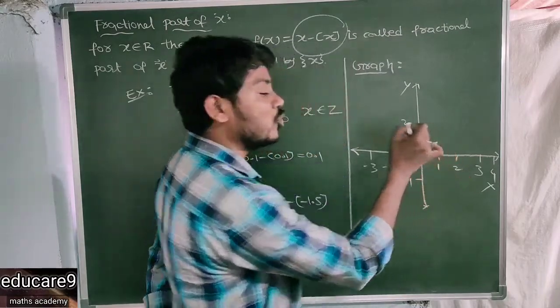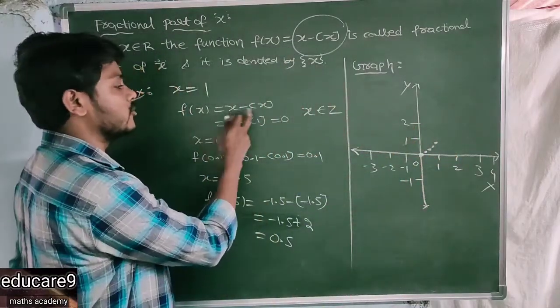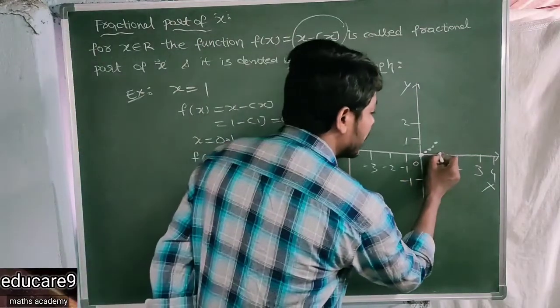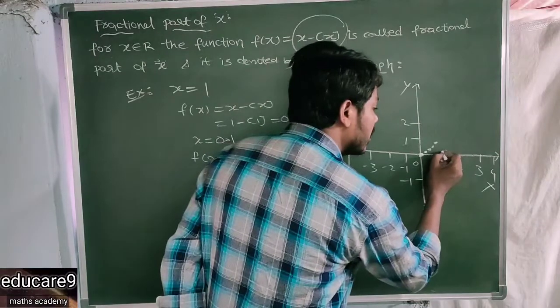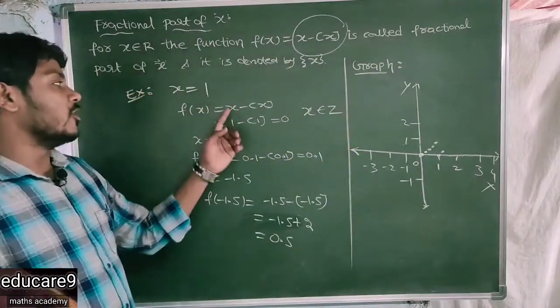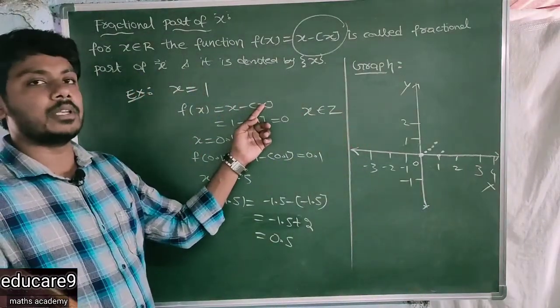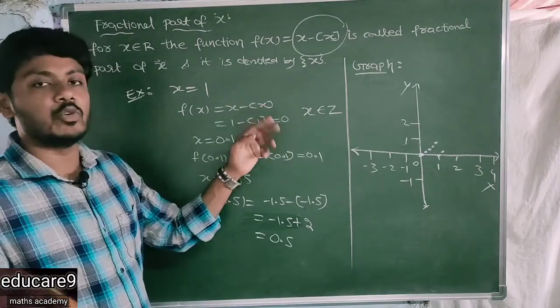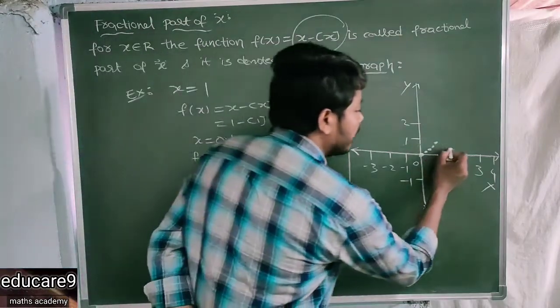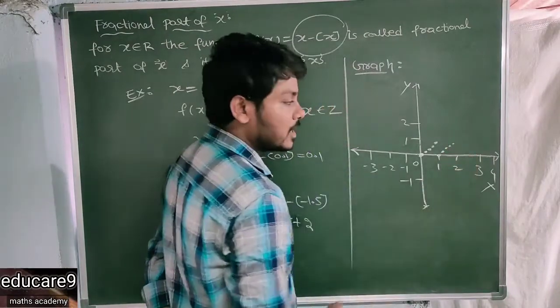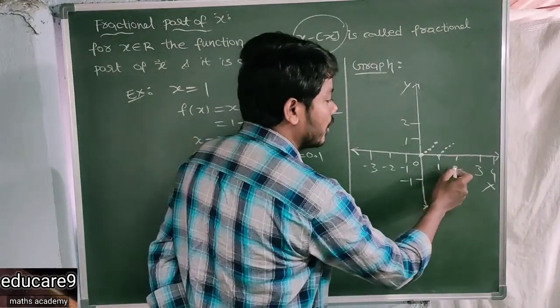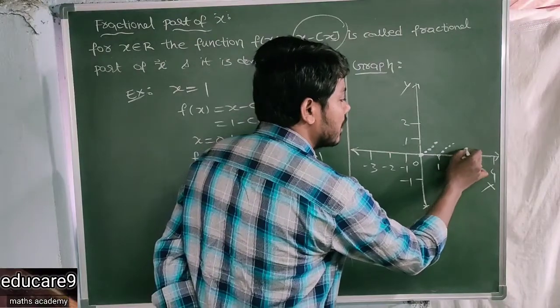If x is equal to 1, then it becomes 1 minus 1 is 0. At 1.1, you get 0.1. See here, substitute here: 1.1 minus step of 1.1, 1.1 minus 1 is 0.1. And at 1.5, you get 0.5, up to 2. Now at x is equal to 2, what will you get? 0. So like this.